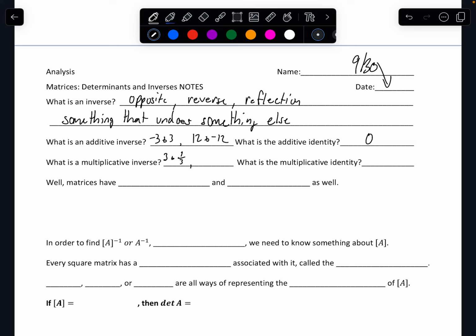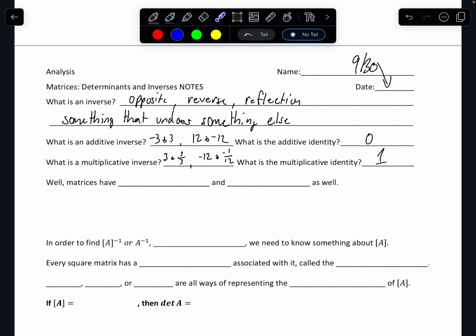And the multiplicative inverse of negative 12 would be negative 1/12. And when we multiply something by its multiplicative inverse, we get the multiplicative identity, which is 1. And it's called the identity because if we multiply something by 1, we get the same thing back. So it keeps its identity.